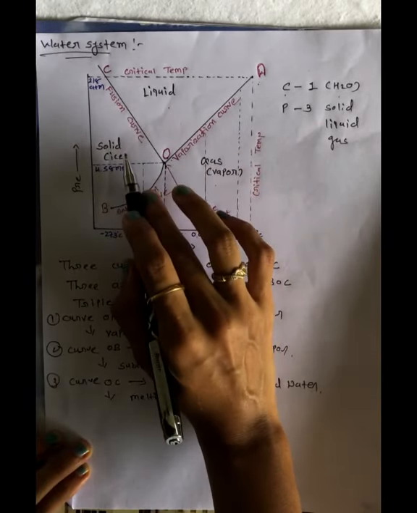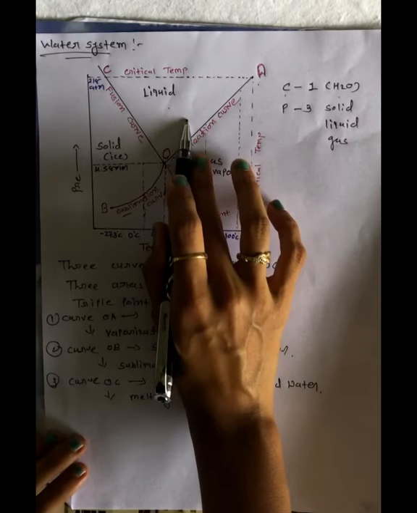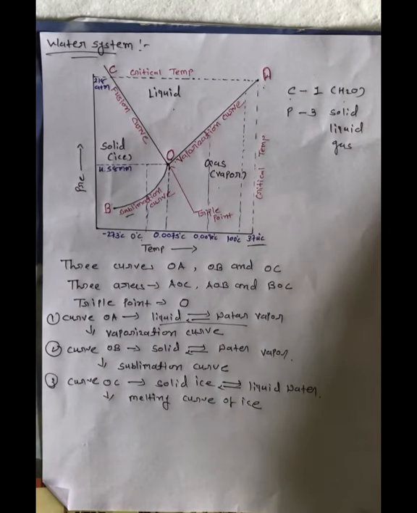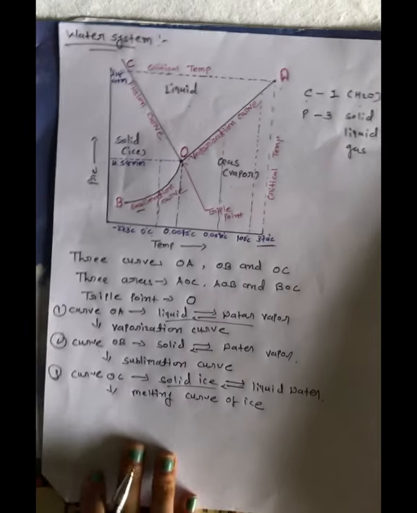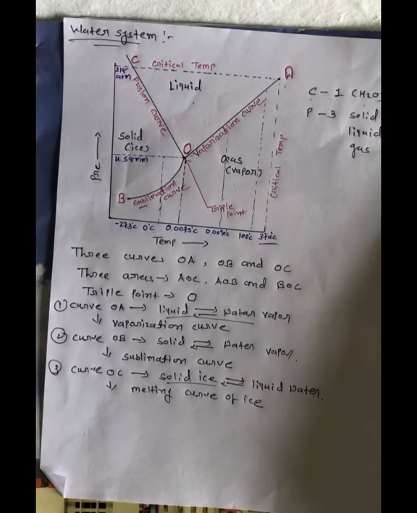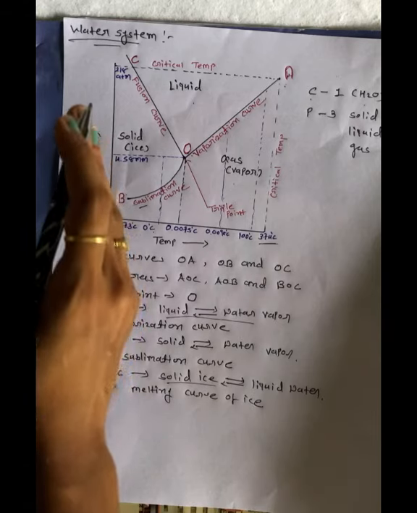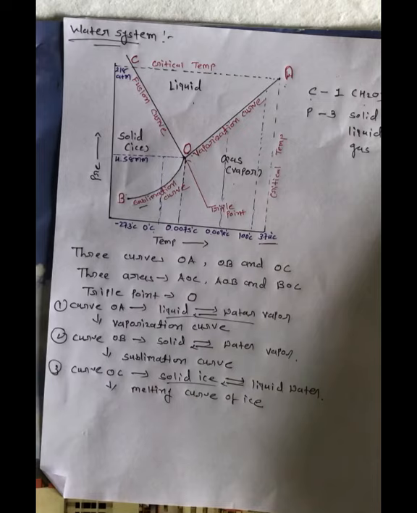Why melting? Melting, that means solid converts into liquid. So this curve represents the equilibrium between ice and water. Along this curve, solid ice and liquid water exist. As pressure increases, this shows that the melting point of ice decreases. When pressure increases, what happens to temperature? Decrease, right?